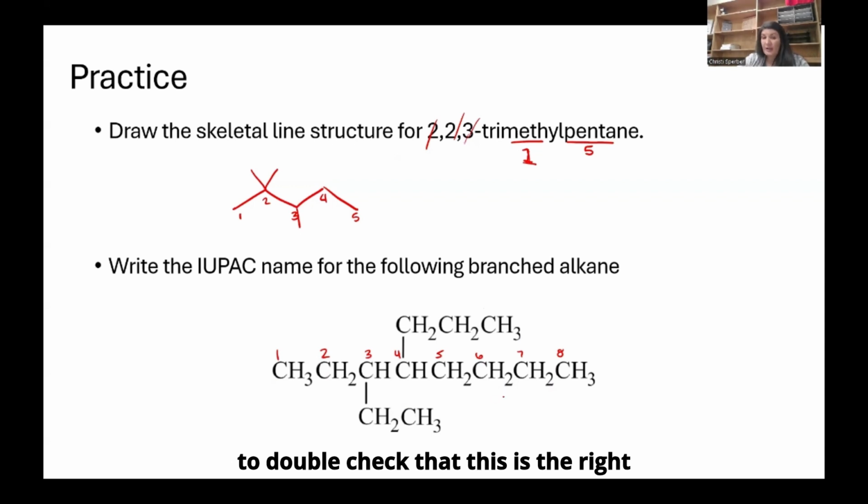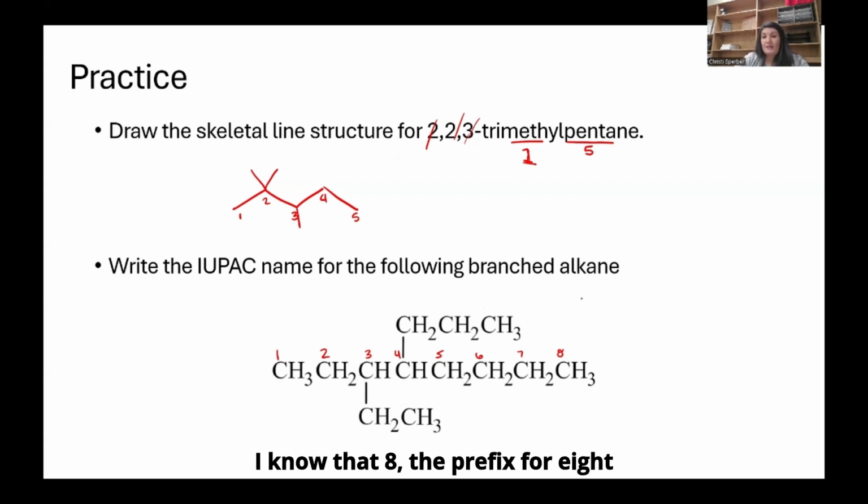I'm going to double check that this is the right order. So if I went from right to left, it'd be 1, 2, 3, 4, 5, 6, 7, 8. If I went that way, my substituents would be on 5 and 6 instead of 3 and 4. Those are bigger numbers, and we don't want that, so that is not the correct numbering.